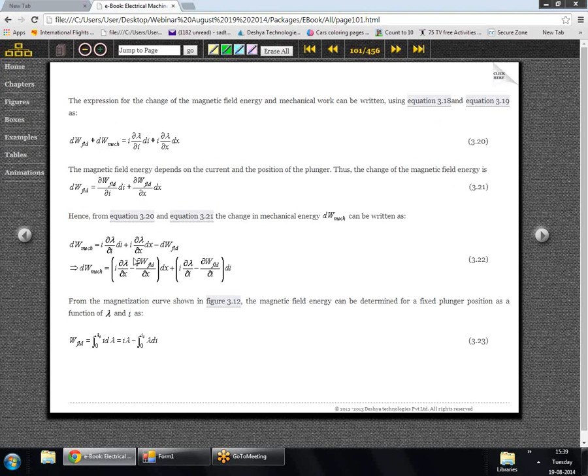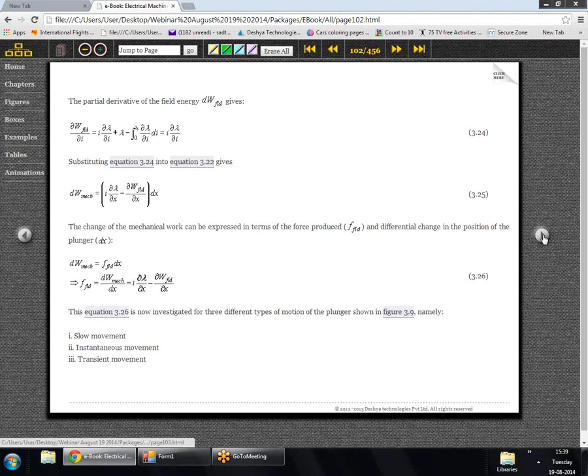So the second equation in 3.22 gives me the mechanical energy. So the mechanical energy produced by this system is actually given by this governing equation. The remaining mathematics is already there in the book. Those who are interested can have a look at it later on.